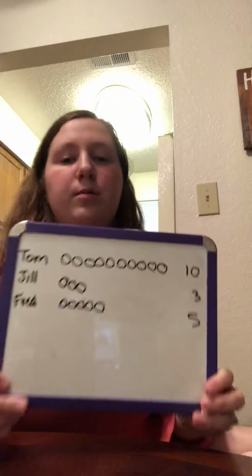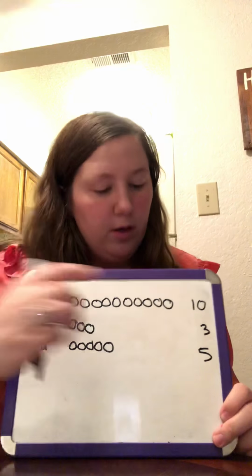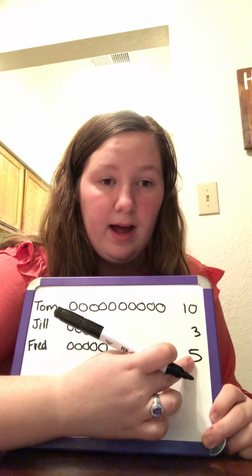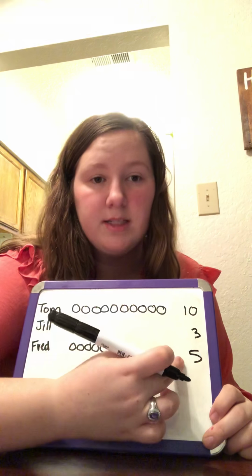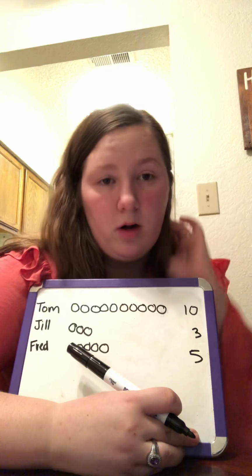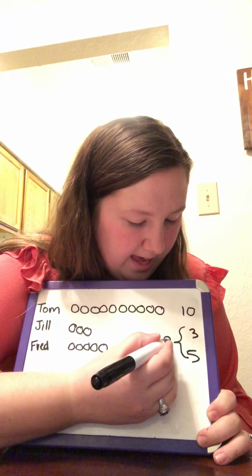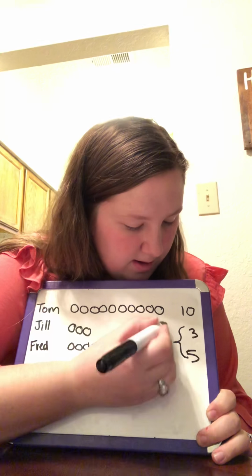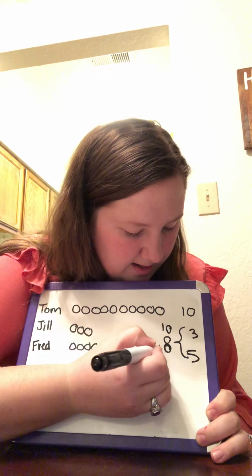So there's 2 ways we can think about this. We can either just add 10 plus 3 plus 5. So 10 plus 3 is 13, plus 5 is 18. Or we can add our 2 smaller numbers and get 8 and add 10 to that and get 18.